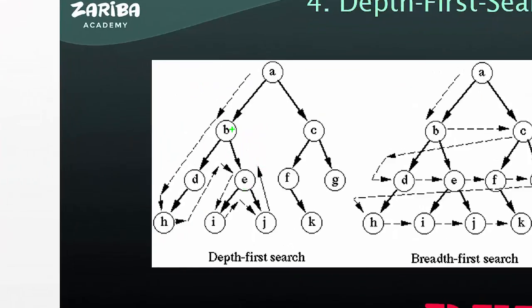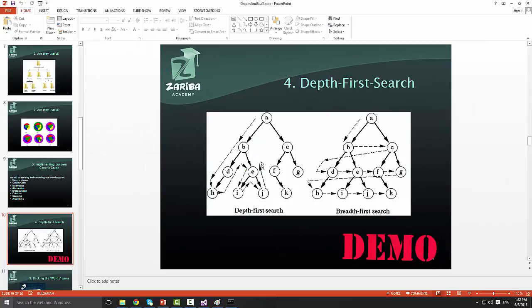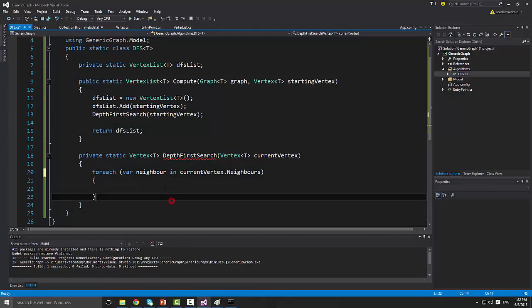Yeah, so if we are on E, B isn't in the list yet, but I want to be able to go back through this route, but I don't want to be able to go through to I again, because I've already visited, right? Okay, you'll see in a second, and I hope that it will become clear.